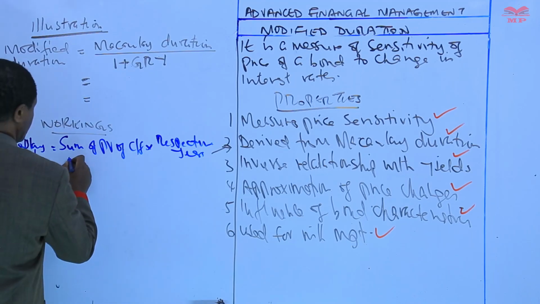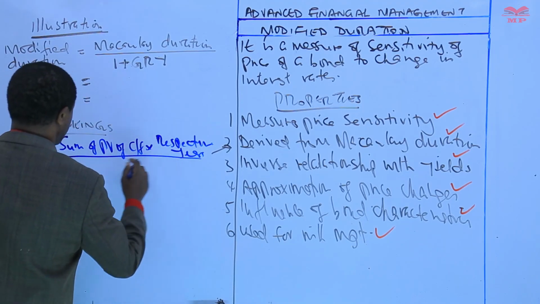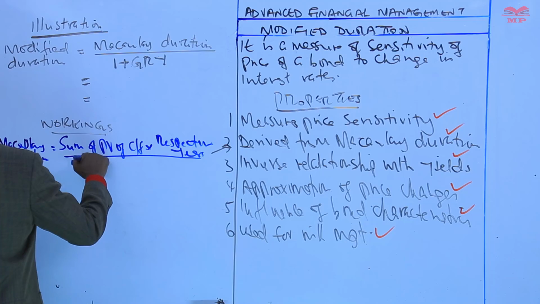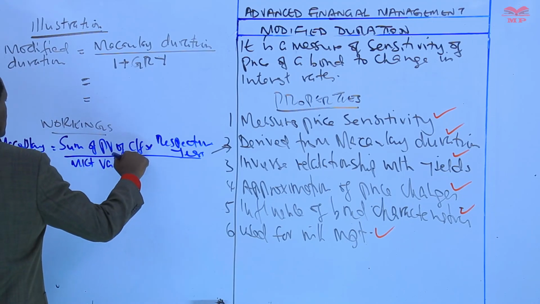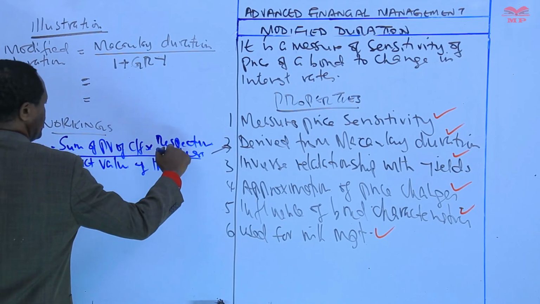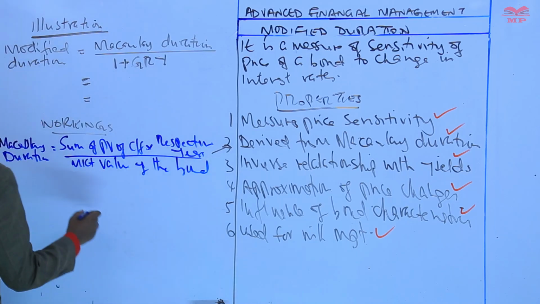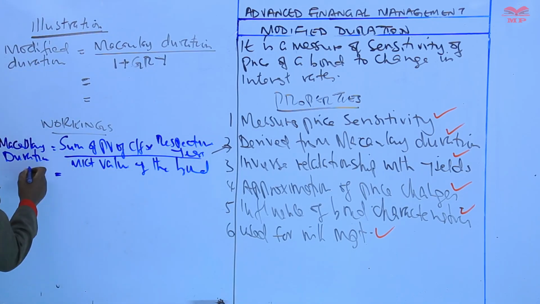Okay, so this we divide by the market value of the bond. That's what we need to calculate the Macaulay duration.